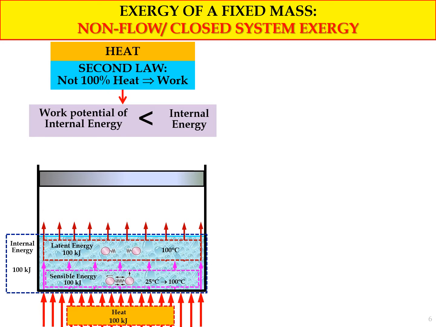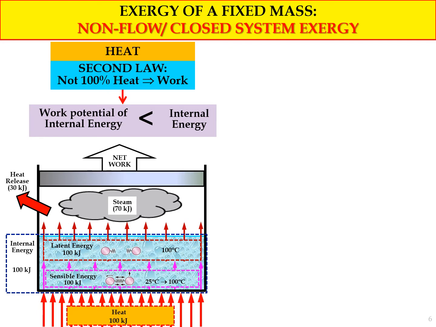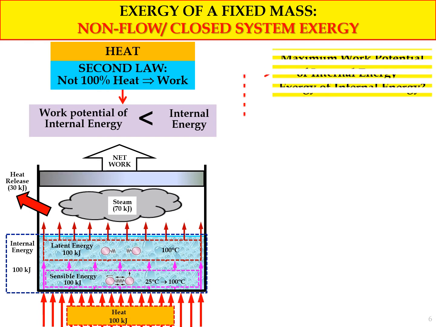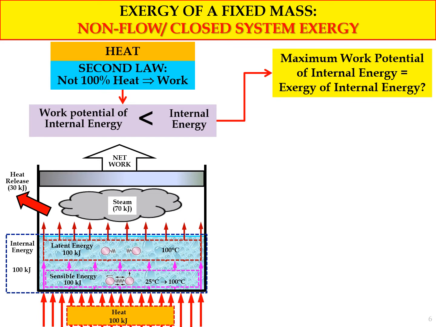So from this 100 kilojoule of energy, from the breakup of the molecular binding, 70 kilojoule of it turns out to be steam, and then there is a heat release, which is the 30 kilojoule, and from this 70 kilojoule will generate net work output. So this is the best case of the system. In this case, the maximum work potential of internal energy is equal to the exergy of the system.